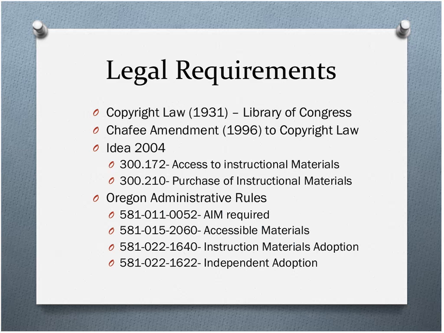The 15s there, 581-015, those are the special education rules, and there are definitely some areas in there around accessible instructional materials. And then the 22s are specific to school-wide, and you'll see those again around textbook independent adoption of materials.